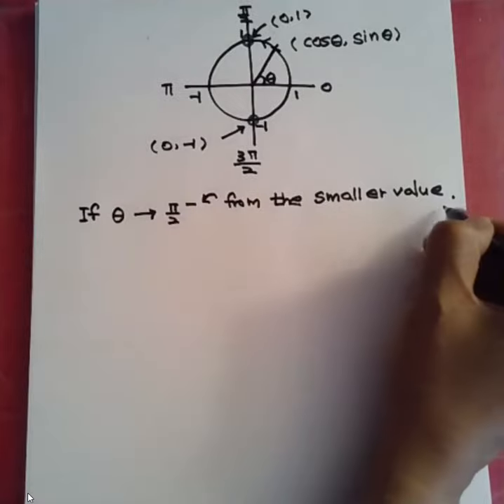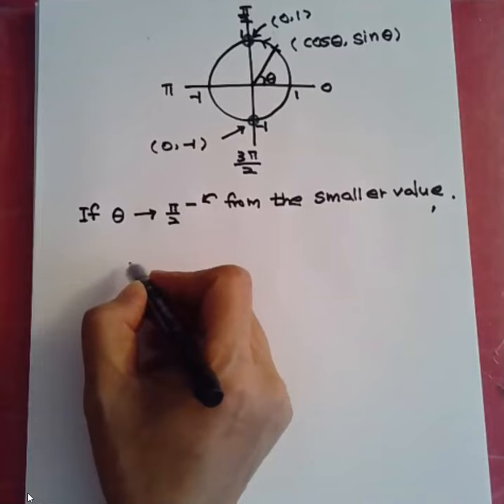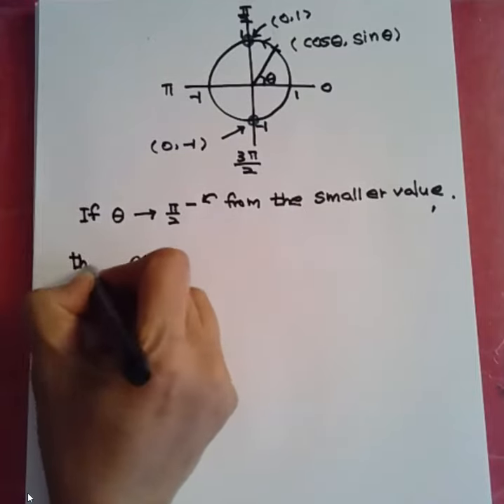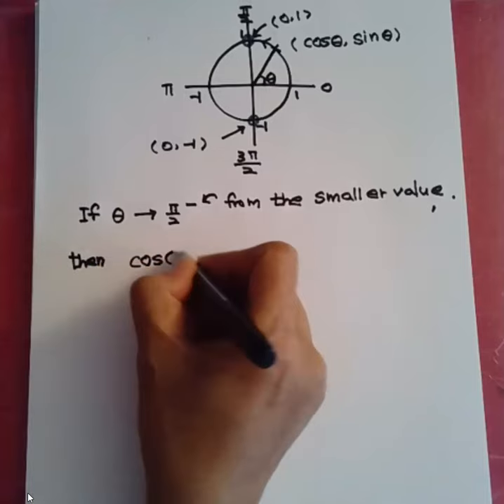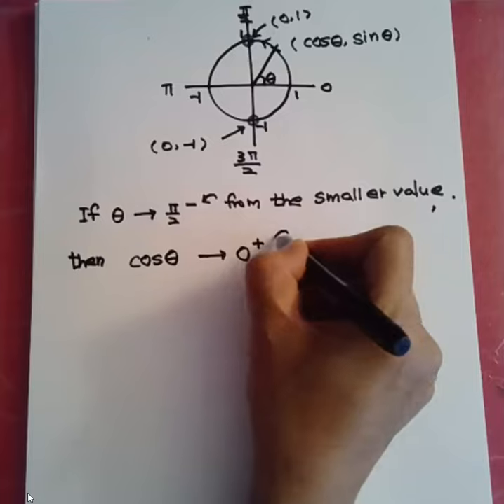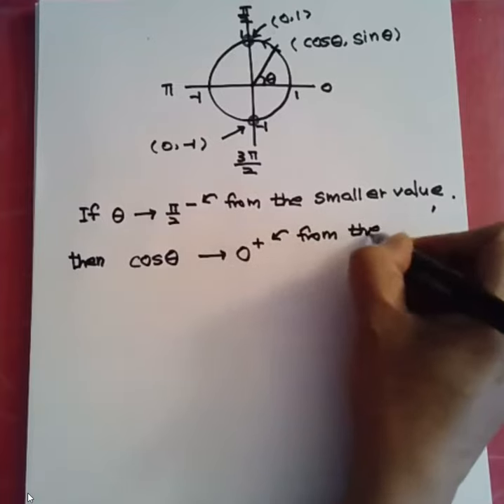If theta moves to pi over 2 from the smaller angle, what we notice is cosine of theta goes to 0 plus. Plus means from the larger value.